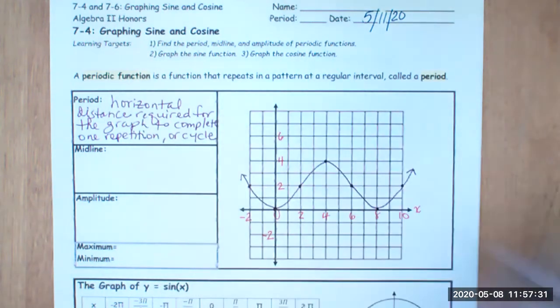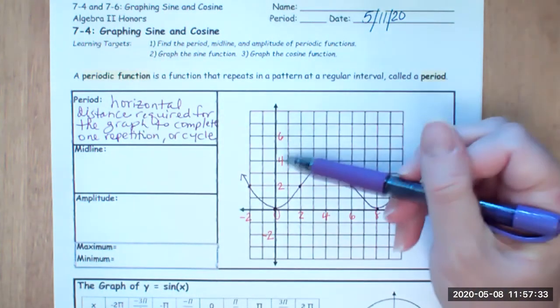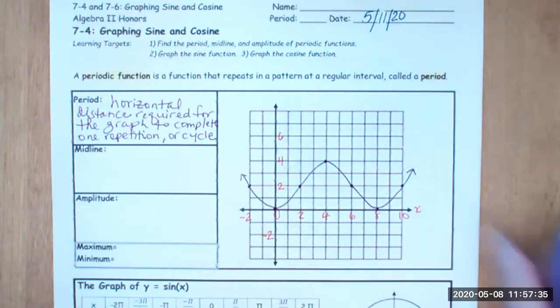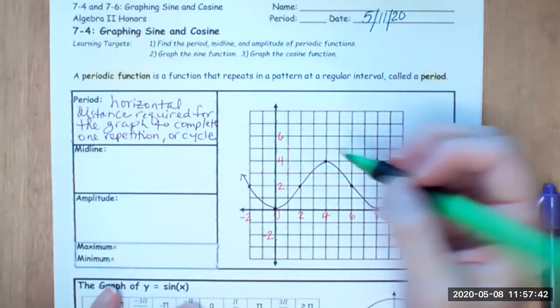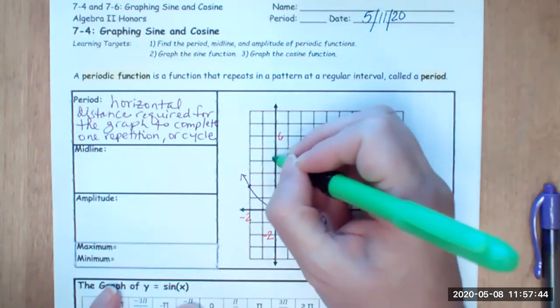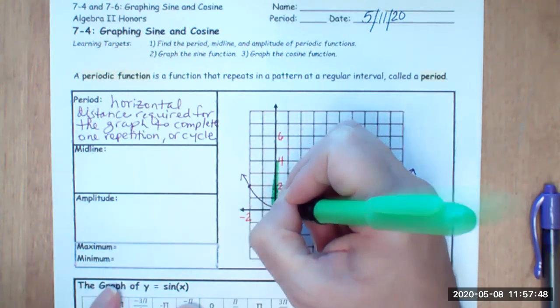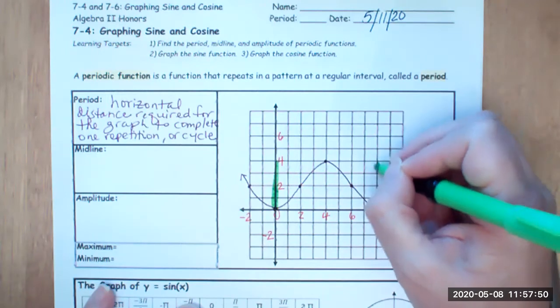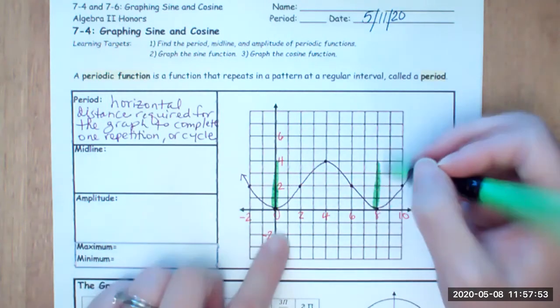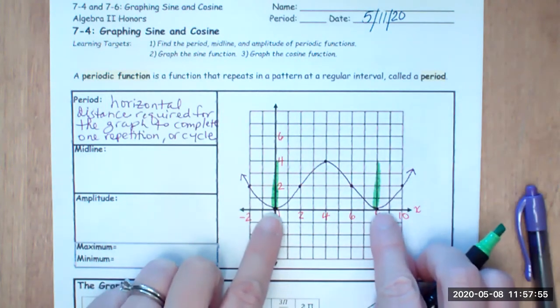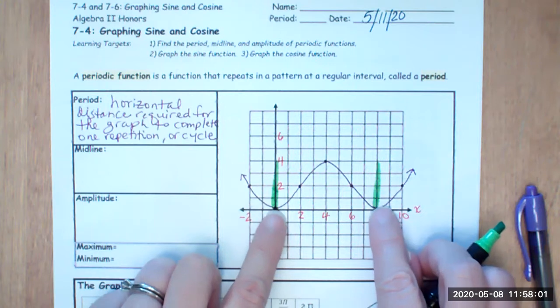Okay, so if we look over at the graph, I'm going to use the highlighter to draw a rectangle. I'm going to draw the left side of the rectangle here and the right side of the rectangle here. And you'll notice I put those vertical lines passing right through two points that both represent the lowest points on this graph, the minimum, okay?